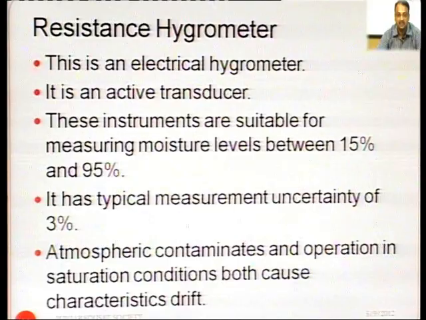It has a typical measurement uncertainty of 3%. Atmospheric contaminants and operation in saturation conditions both cause characteristic drift. There may be drift in the characteristics of these types of hygrometers due to atmospheric contaminants and operation in saturation conditions.